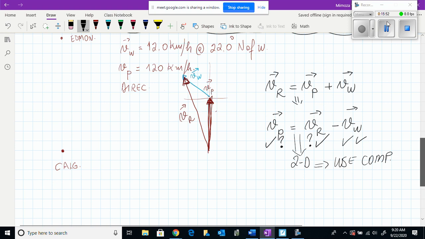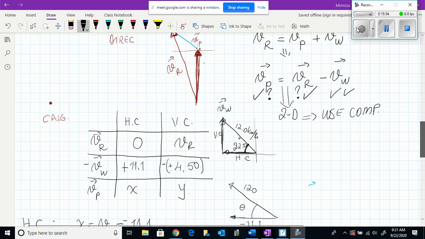Okay, so the relationship that we always start with is the resultant velocity is the velocity of the plane plus the velocity of the wind. From here we can write that the velocity of the plane is equal to the resultant minus the velocity of the wind. In this relationship, we do know the magnitude of the velocity of the plane.